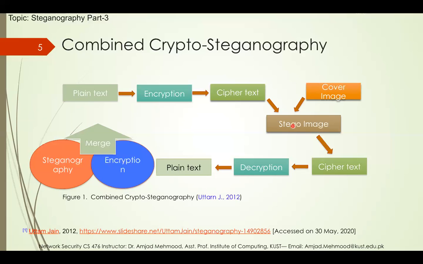And in case he detects that and reaches the information, as the information is converted using cryptography, he will not be able to get the theme of that, he will not get the meaning of that information. So this way, by combining both the technologies, you can make your communication stronger and more reliable.